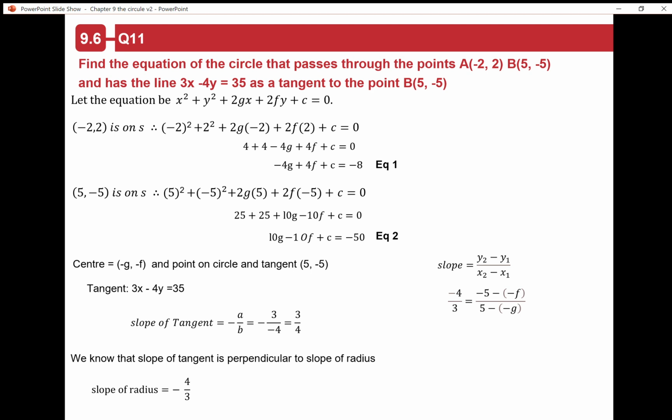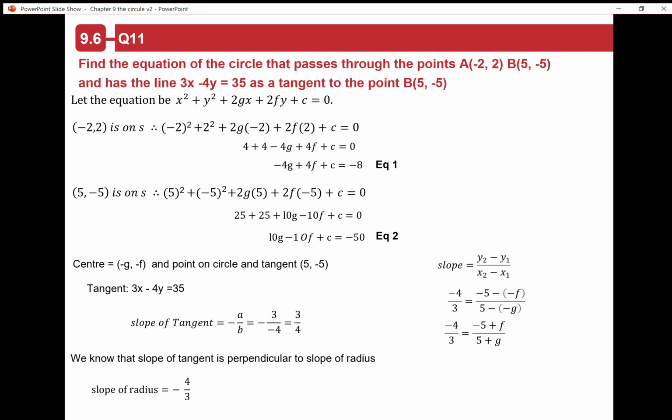We're going to now manipulate our equation so that we can have a third equation that has our two unknowns f and g in it. Let's simplify this. Minus 4 over 3 equals minus 5, minus times minus gives me plus f over 5, minus times minus gives me plus g.